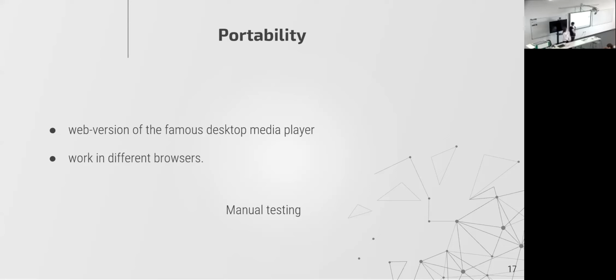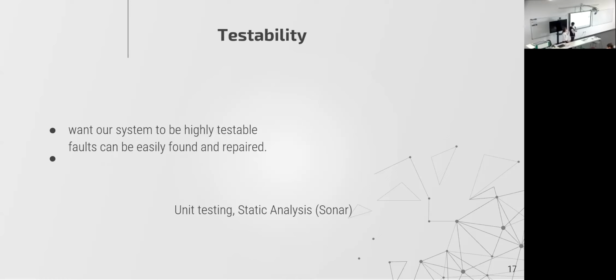Portability, we tested through manual testing, as I already told you. Probably we will be able to test it in other browsers and other operating systems. And stability was covered using unit tests and static analysis. And reliability was also tested using manual testing.